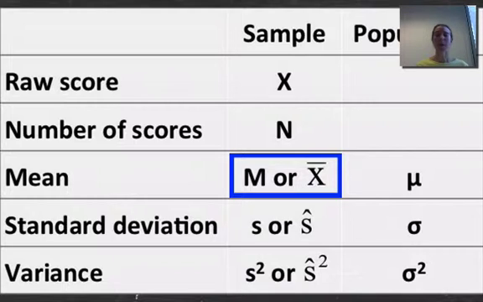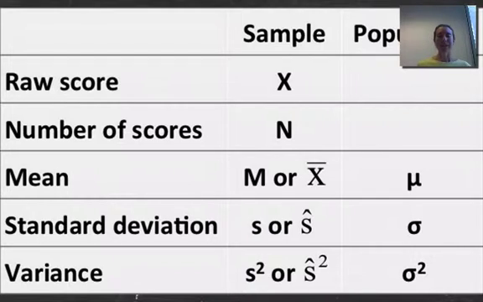X bar is most common, except oftentimes we might use M because on the computer it's easier to write M than the little X bar, which is very hard to create. Then there's standard deviation, which we'll use S or something called S hat, and then variance is S squared or S hat squared. Now we'll walk through this and it'll start to make a bit more sense as we see what these terms actually mean.